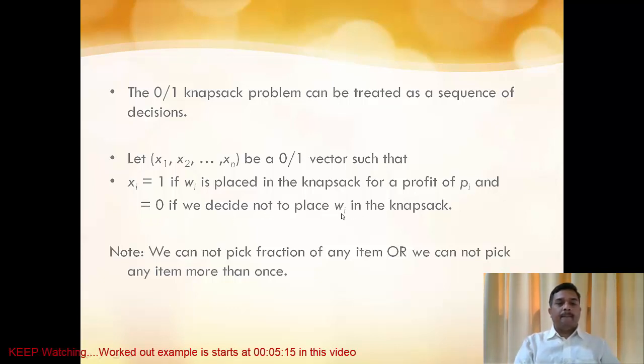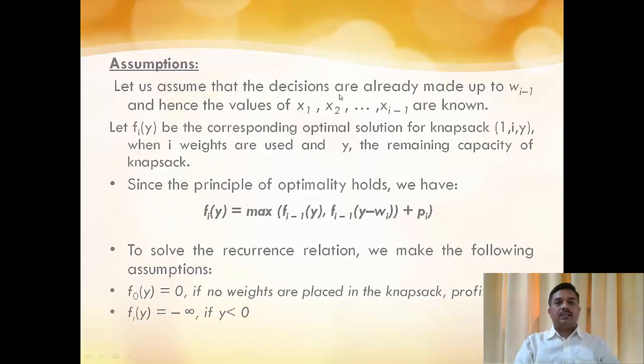So we cannot pick any fraction of an item, or pick the same item more than once. We assume that decisions are already made up to xi minus 1, and hence the values of x1, x2 to xi minus 1 are known. Let fi(y) be the corresponding optimal solution when i weights are used and y is the remaining capacity of the knapsack.